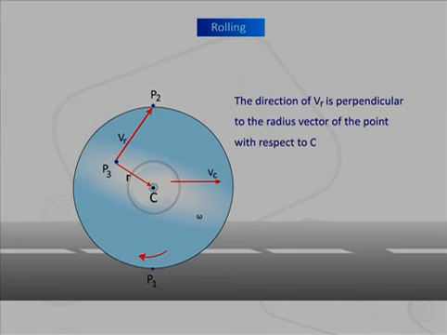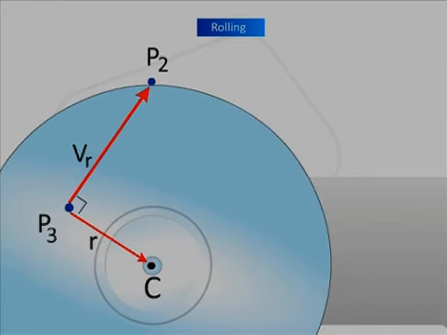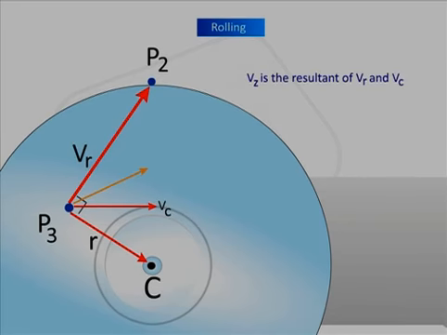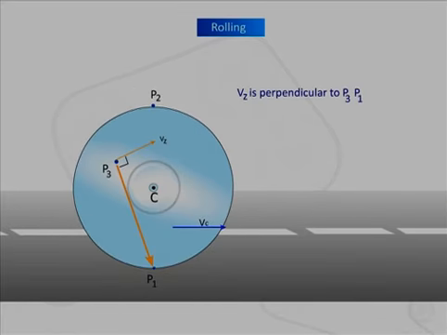The direction of Vr is perpendicular to the radius vector of the point with respect to C. Now for the point P3, the components of velocity Vr and Vc are shown. The resultant velocity vector can be called Vz. Note that Vz is perpendicular to P3P1.